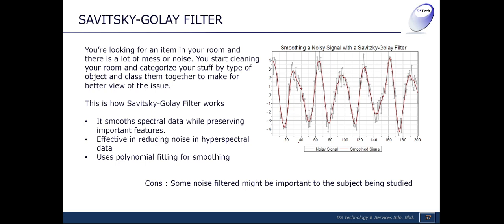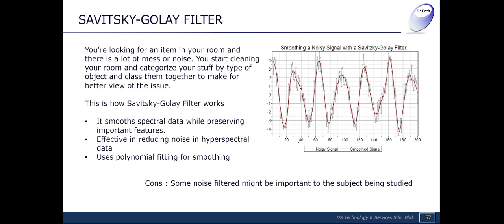So we usually filter it, but filtering too much means you can lose noise and perhaps some data as well. I wrote here that some noise might be filtered out, and it might be crucial to the subject you want to study.